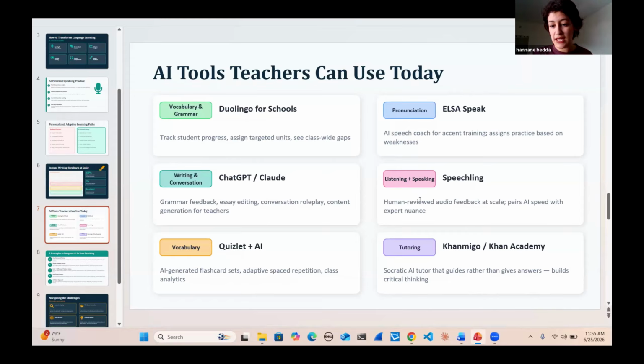Then we have listening and speaking, and it's called Speechling. Human-reviewed audio feedback at scale, pairs AI speed with expert nuance. And then we have tutoring like Khanmigo. It's Khan Academy, and it's a Socratic AI tutor that guides rather than gives answers, and builds critical thinking. So instead of giving you the right answer, it challenges you.